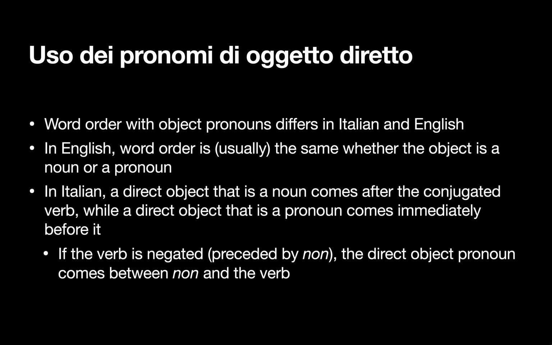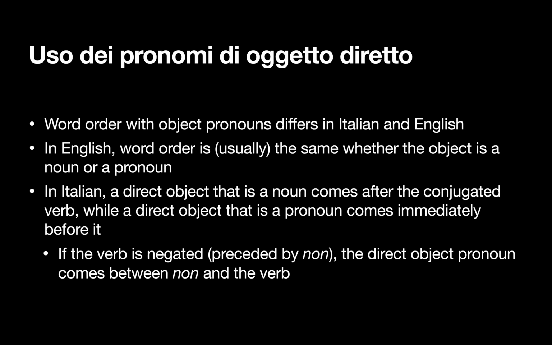Okay, so now word order with the pronouns differs in Italian and English, as you may have noticed in those examples. I know as you look at them, some of your brains may have kind of been going, wait, what? In English, the word order is usually the same regardless of whether the object is a noun or a pronoun.